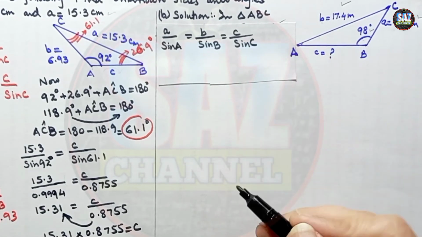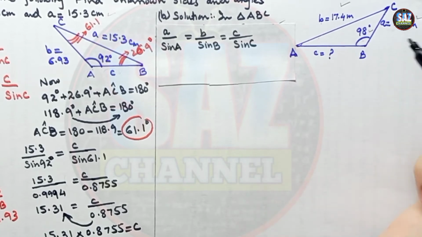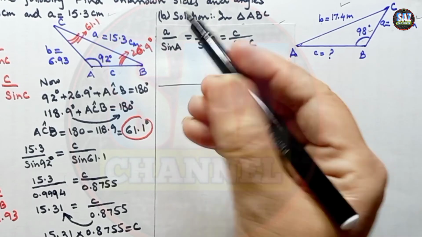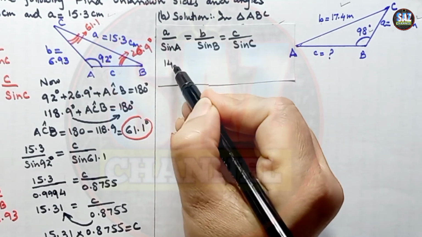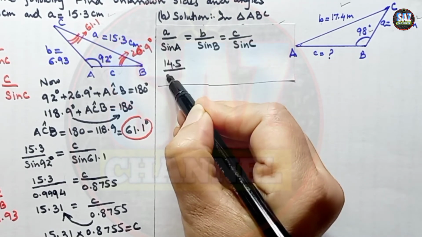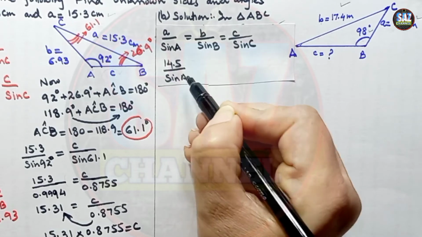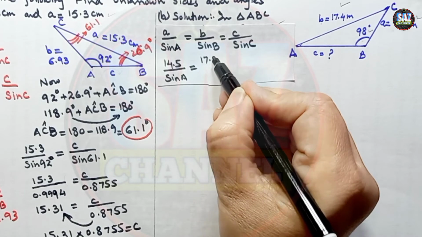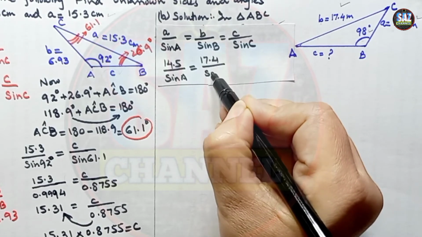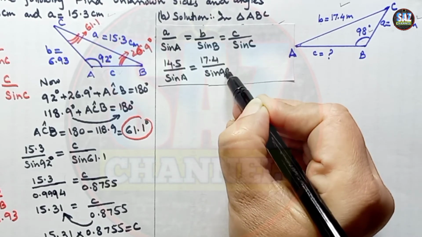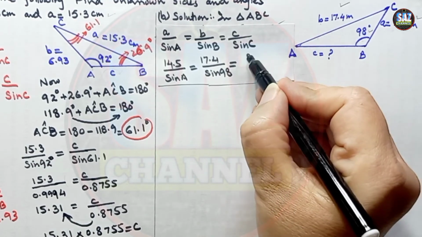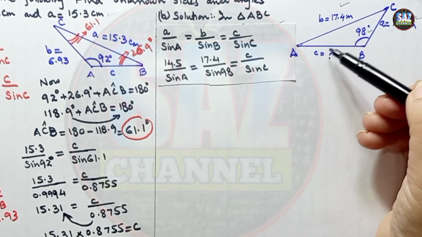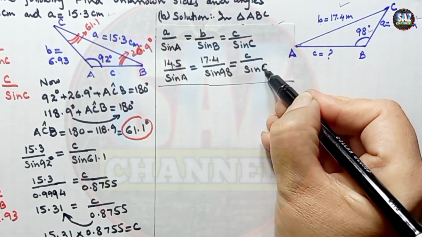Now carefully replace the values which are known or unknown. Like a has the value 14.5 upon sine A. We are not given angle A. b equals 17.4 upon sine 98 equals c upon sine C. Here we are not given the length and angle, both are unknown.